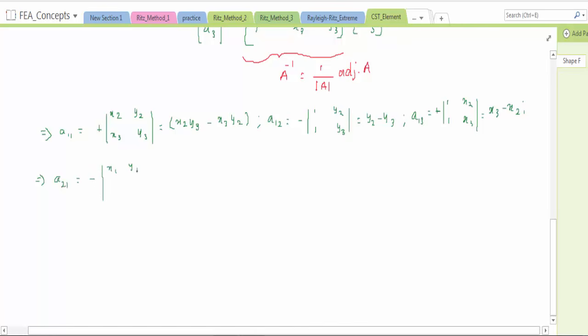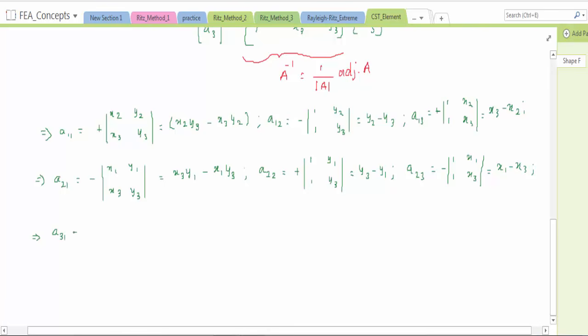Likewise we have to find A21, A22, A23. For each particular element you have to omit that particular row and column, and determine the determinant of the remaining terms.